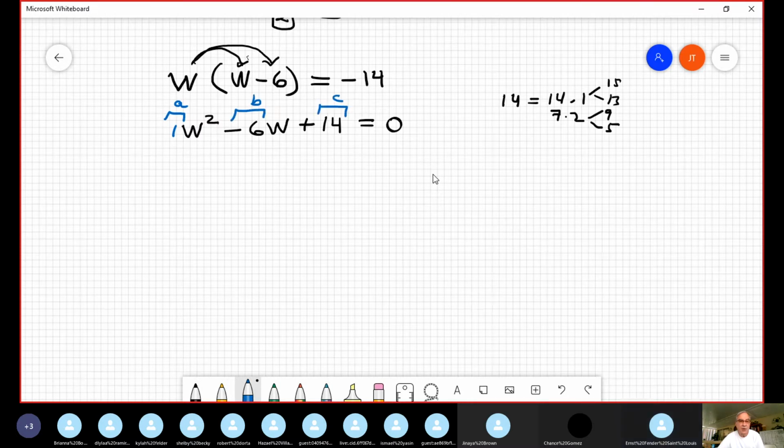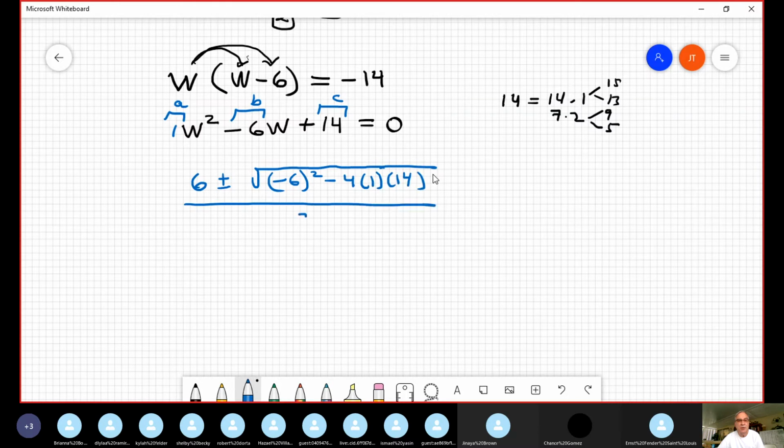I plug it in directly in the formula. Minus B, so positive 6, plus or minus the square root of negative 6 squared minus 4 times 1 times 14, divided by 2 times 1, which is just 2.